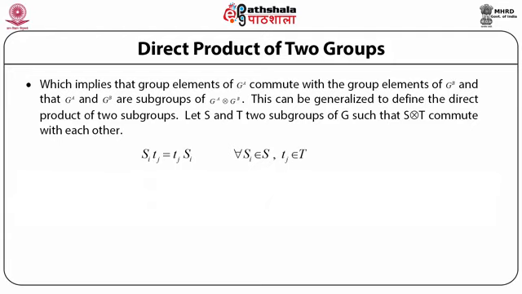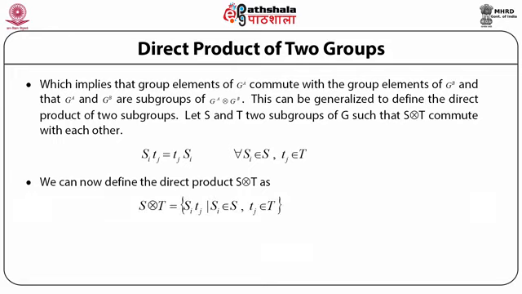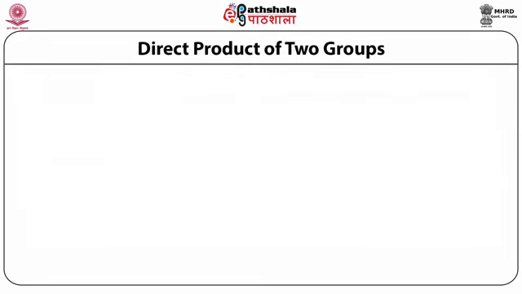That is, Si Tj is equal to Tj Si for all Si belonging to the subgroup S and for all Tj belonging to the subgroup T. We can now define the direct product of these two subgroups S with T as S cross T equal to the elements Si Tj, where the element Si belongs to the subgroup S and the element Tj belongs to the subgroup T. We will now illustrate how the direct product of two groups operates by taking a simple example.